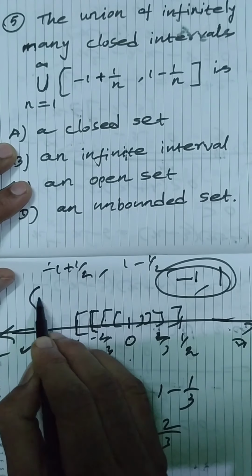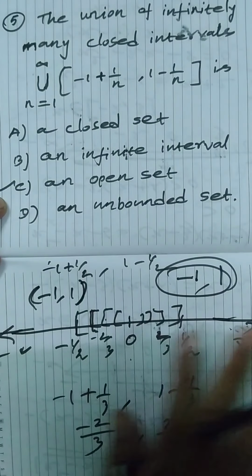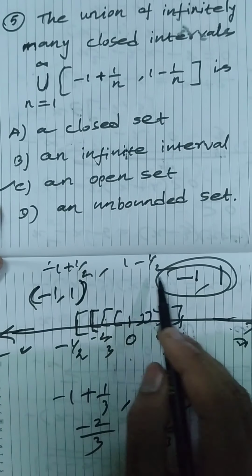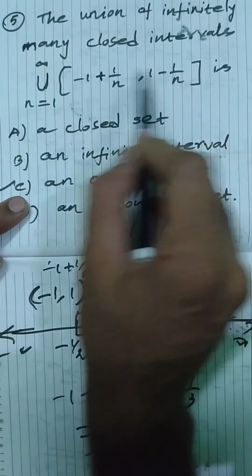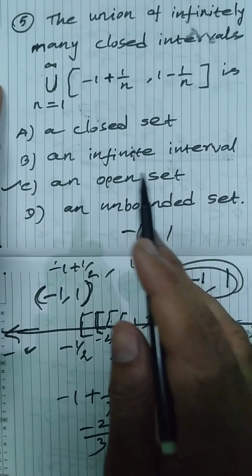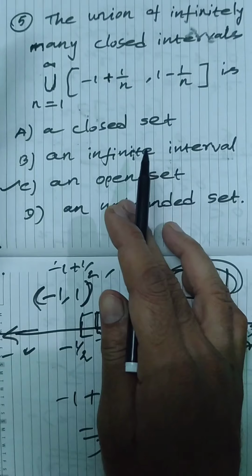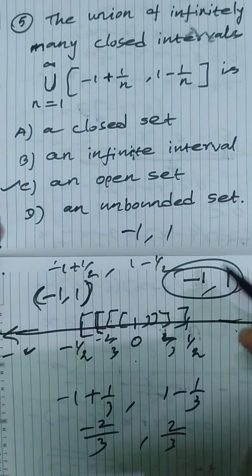So it is the open interval minus 1, 1, an open set, not a closed set, because minus 1 and 1 do not belong to it, even though this is a union of closed intervals. The elements minus 1 and 1 appear only as n approaches infinity, and they do not come in any closed interval, so it is open.